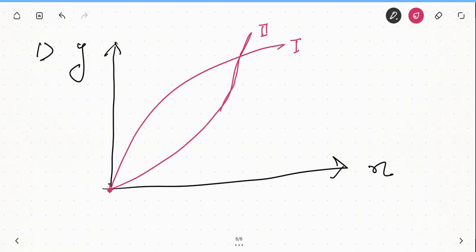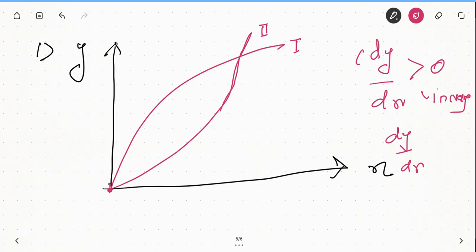Now try to understand. You all know, as we have discussed just now, that if dy by dx, the slope, comes to be greater than 0, it is increasing, and if the slope dy by dx comes to be less than 0, it is decreasing.